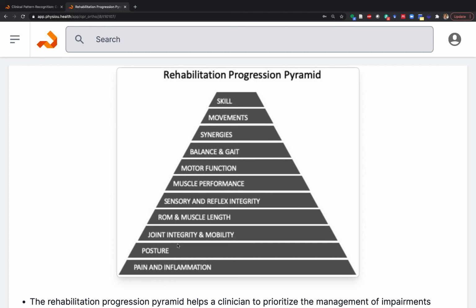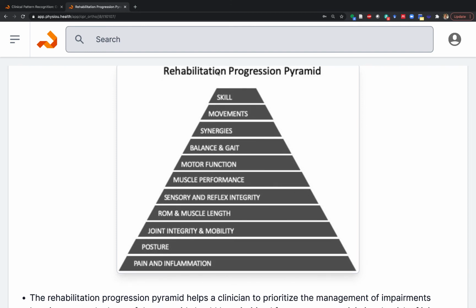And once I've checked these boxes off, right, no pain and inflammation, full range of motion, good strength, I can start doing more complex things like balance and gait, or synergies, functional movements, skill, power, all of these things at the top of the pyramid. The last thing I would say is this pyramid essentially identifies that most post-op protocols follow this same pathway of management.